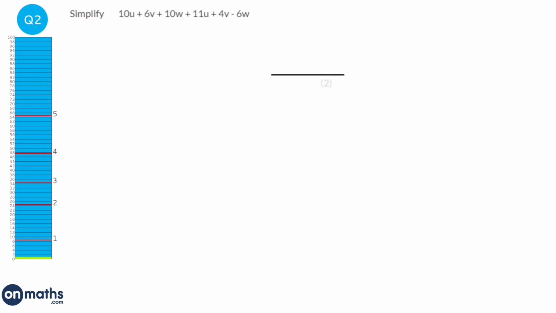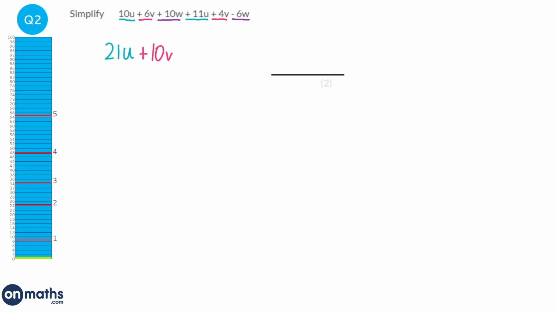This question's all about like terms. So what we can do is add this 10u with this 11u to make 21u. We can also add this 6v with this plus 4v to make 10v. We can also add this 10w to this minus 6w.